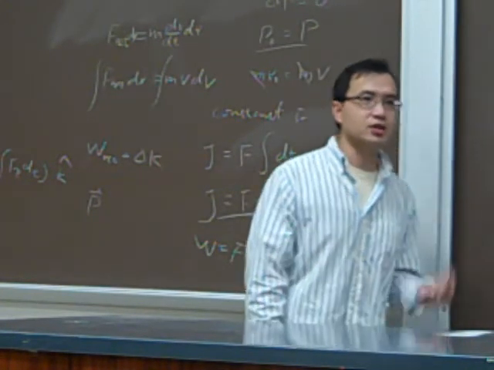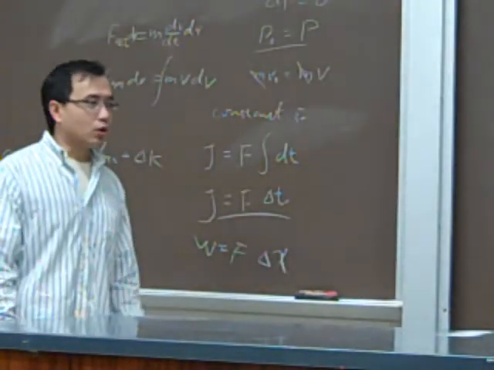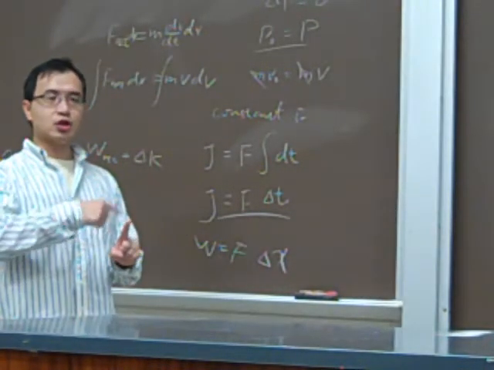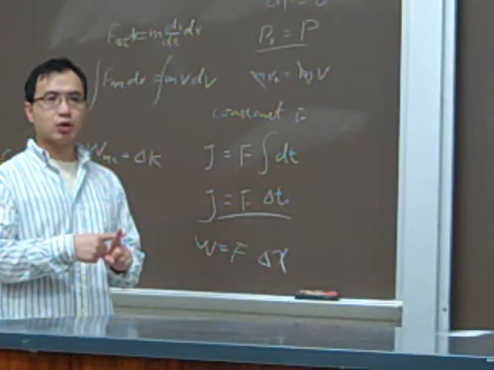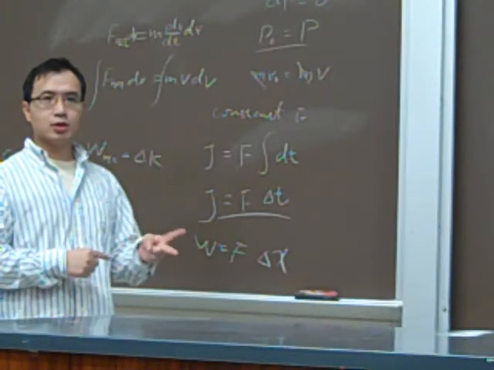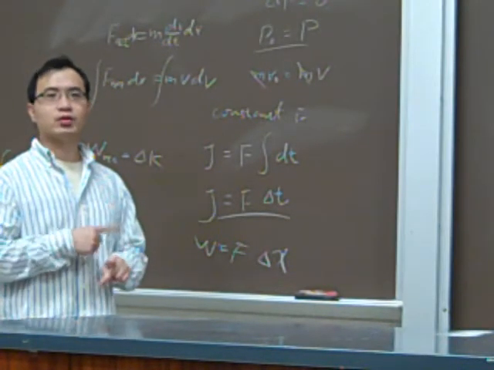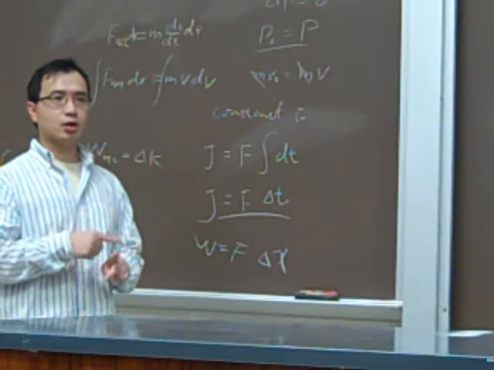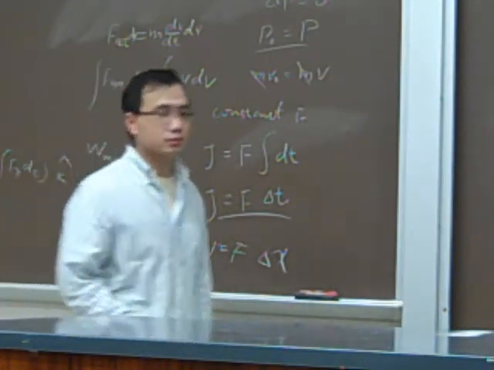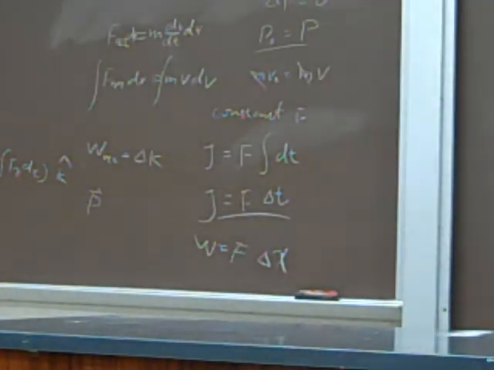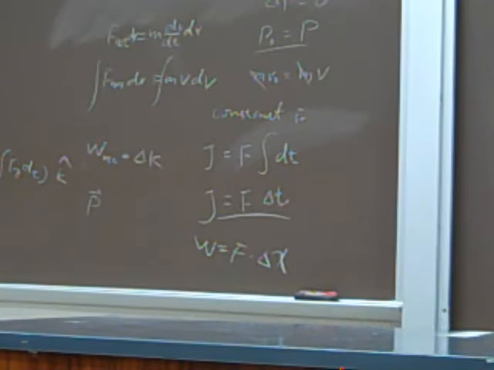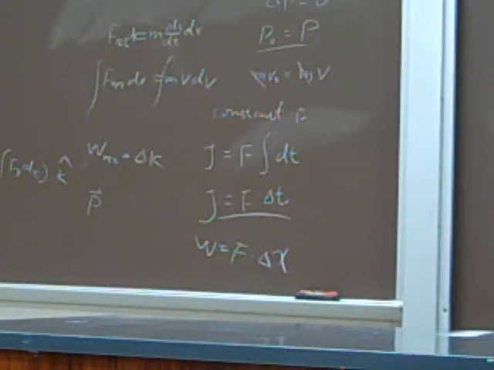You can think about they are the same thing. So for one object, momentum conservation is equivalent to Newton's first law. For two objects, the momentum conservation is equivalent to Newton's third. Okay. So you can think about that. We are also going to, if we have time, go back to look at this in detail.